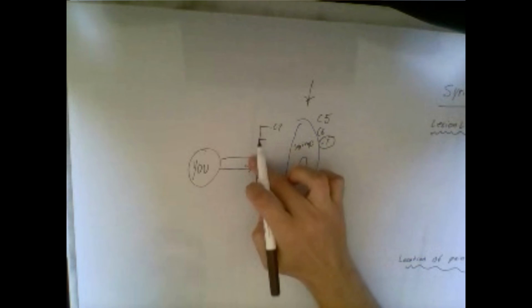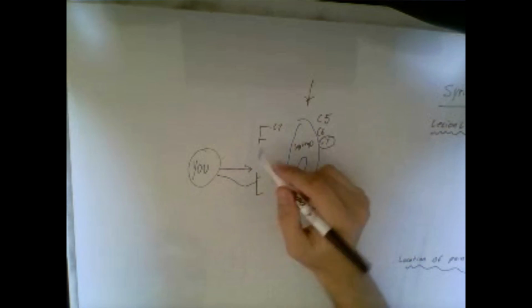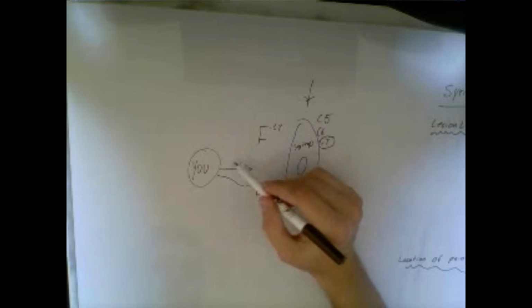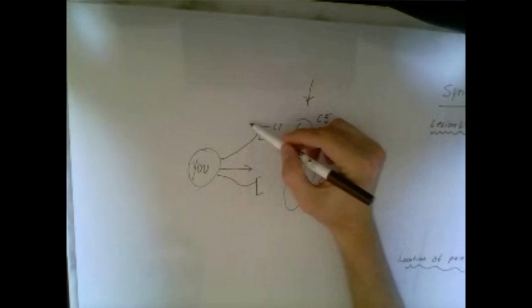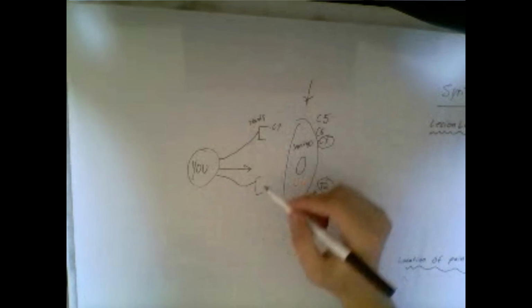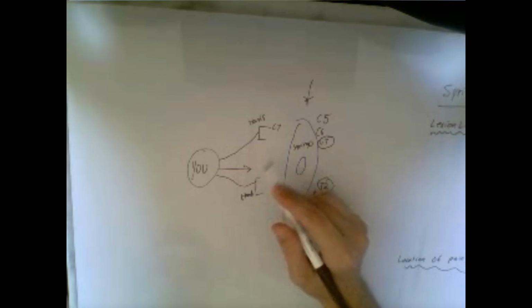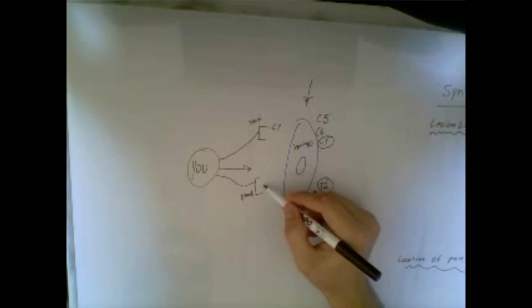These are your hands, by the way. I know they're terrible. Let me redraw this part. So here are my hands, and they only reach out to C7 and T2.